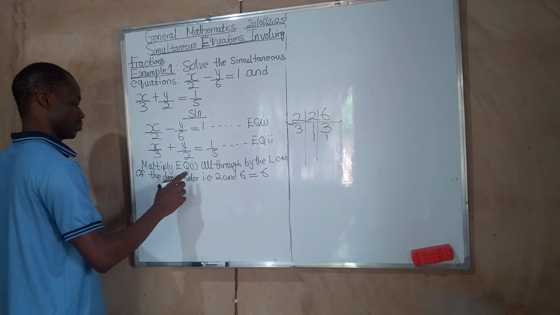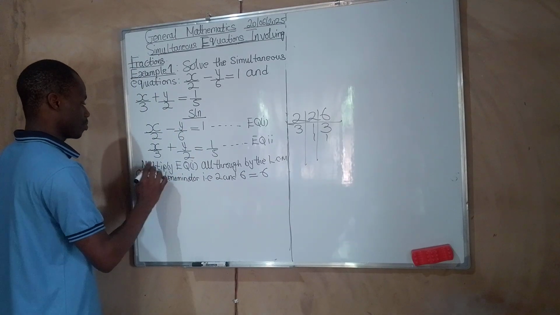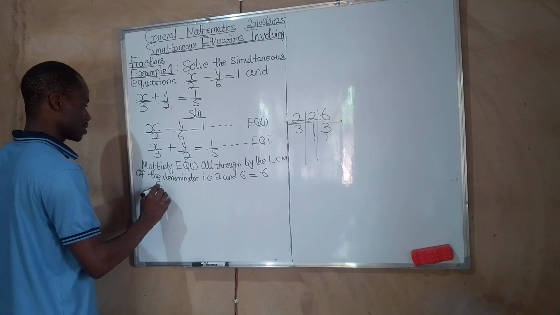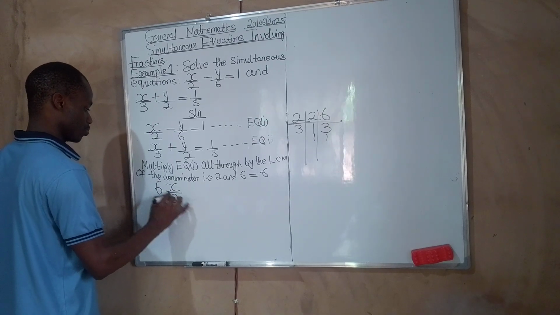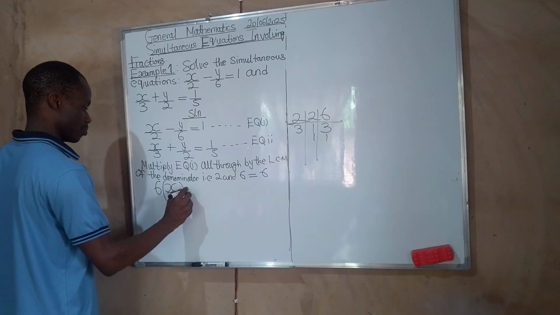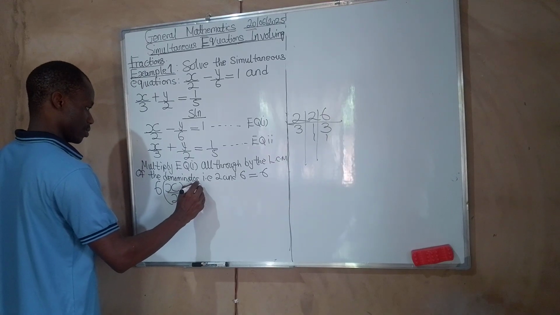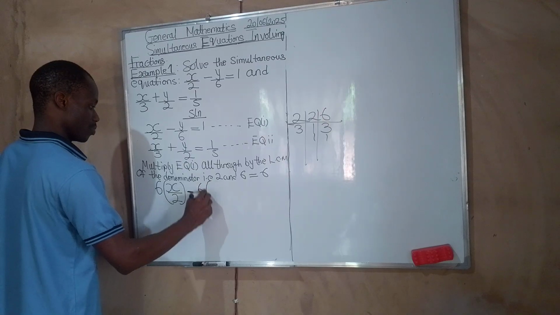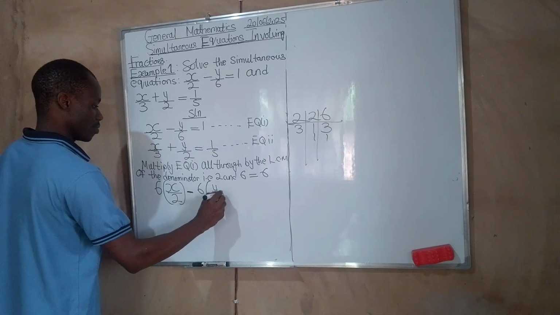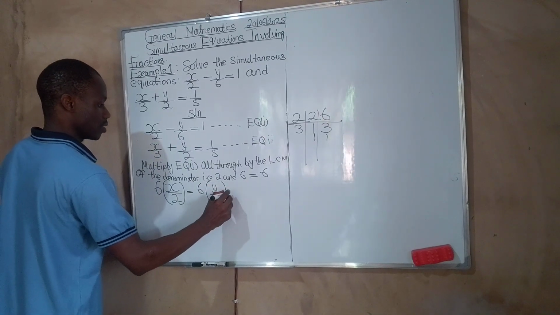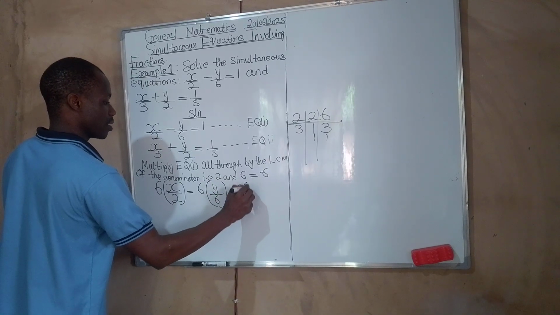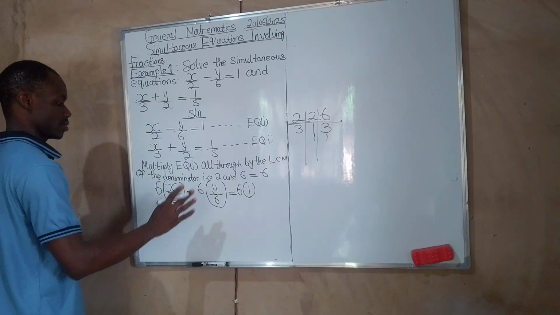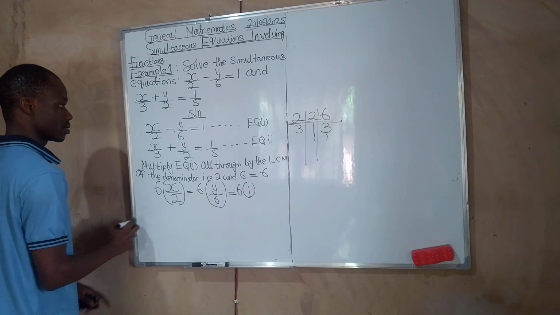So we'll multiply through, which becomes 6x over 2 minus 6 open bracket y over 6 equal to 6 multiplied by 1. The bracket means multiplication.